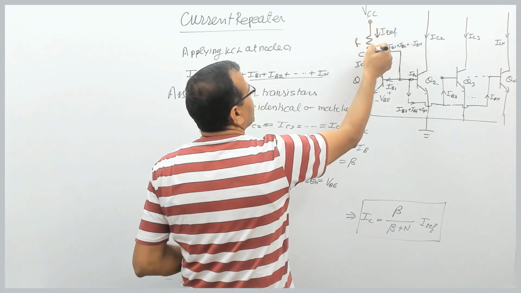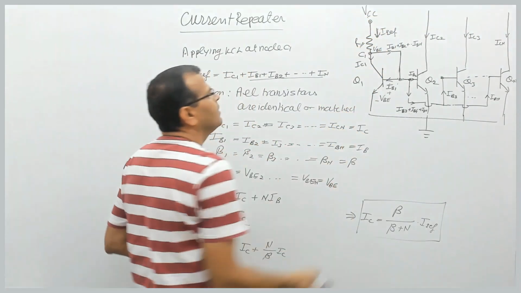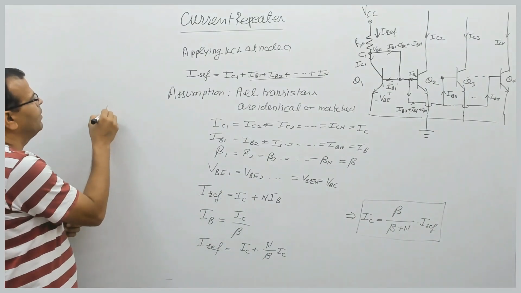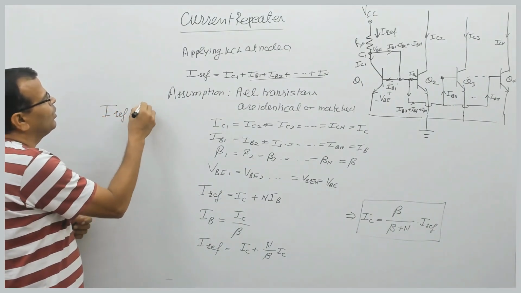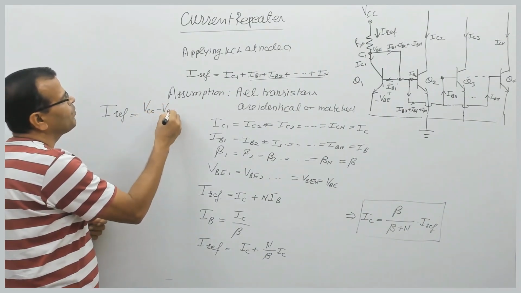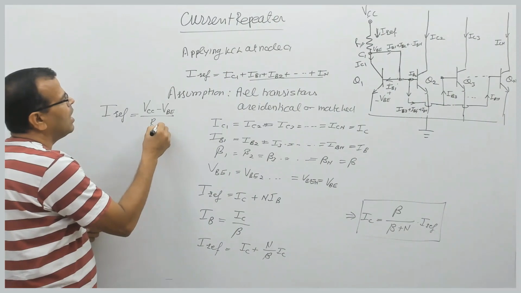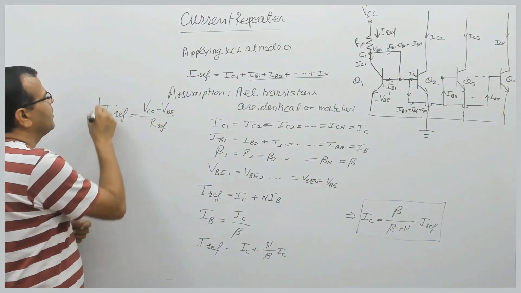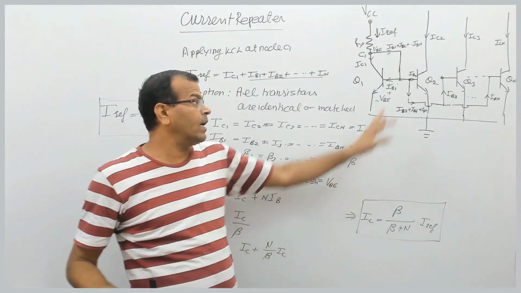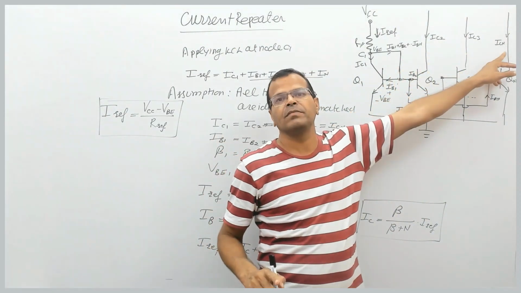This voltage minus this voltage divided by this resistance, right? So the reference current IREF will be equal to VCC minus VBE divided by RREF. That means I can find the collector current of each stage.